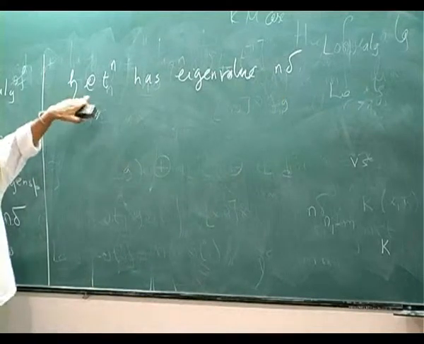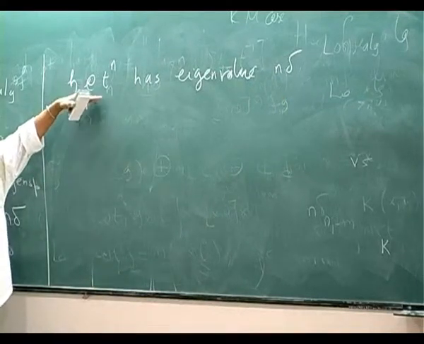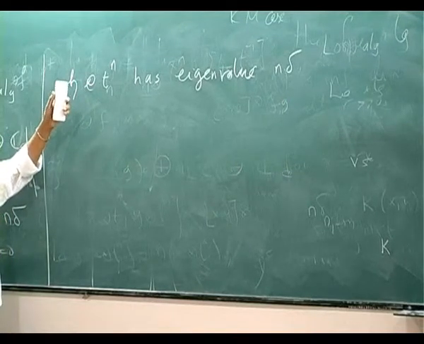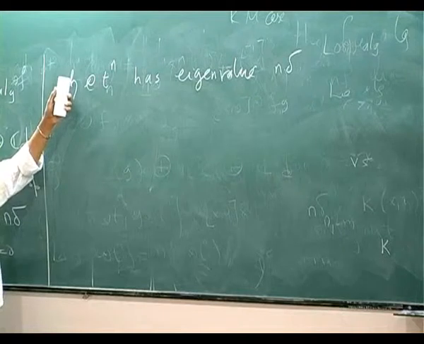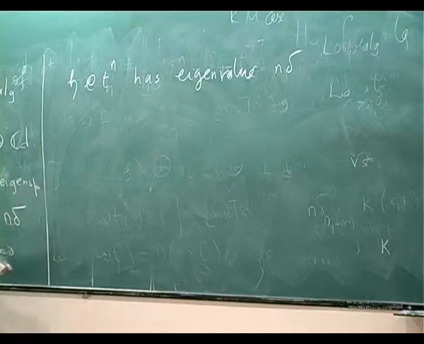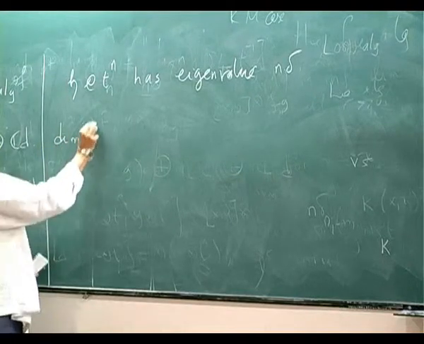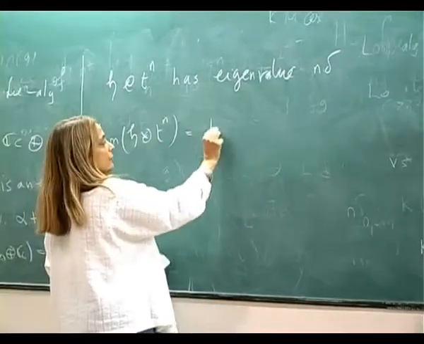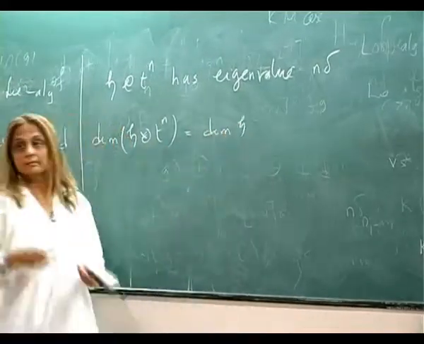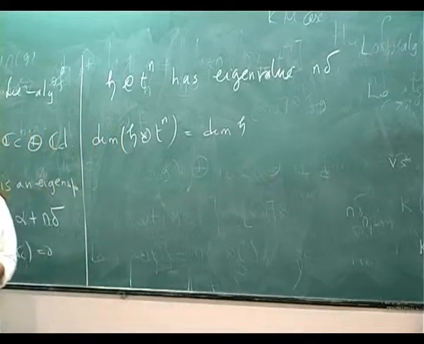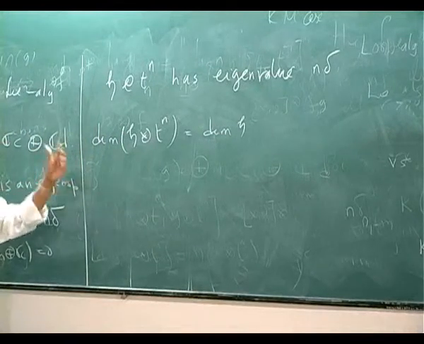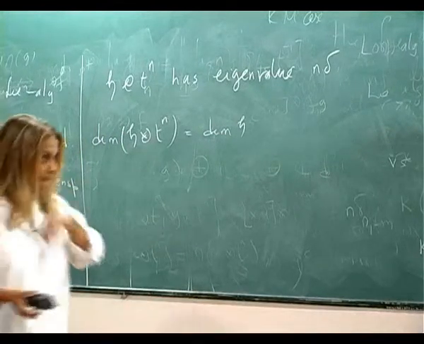Then what is the dimension of this eigenspace? The dimension of this eigenspace is exactly the dimension of h, which is usually more than 1 for a simple Lie algebra, right? So the dimension of h tensor t to the n is equal to the dimension of h. In other words, for affine Lie algebras, you know all the dimensions of all the root spaces. So this concrete realization is very helpful in making everything very explicit.